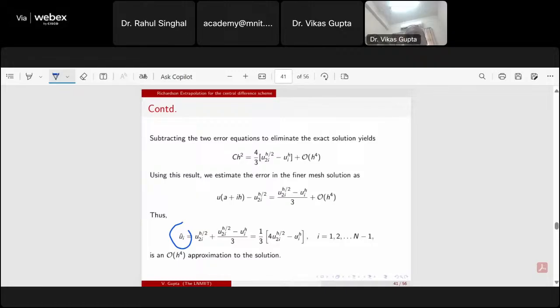So this is the linear combination for the central difference approximation if you are applying the Richardson extrapolation technique.